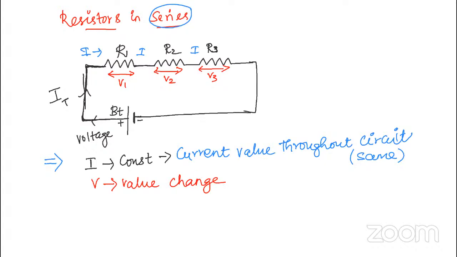So that is why, for the first resistance it is V1, second resistance it is V2 and third resistance it is V3. Okay, so for the change in potential values we write V1, V2, V3. So how can we write the total voltage value?